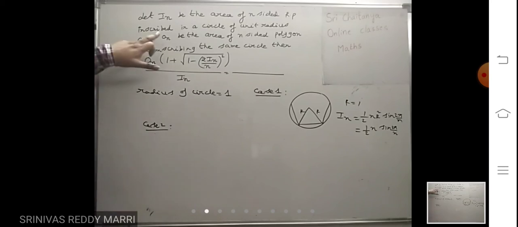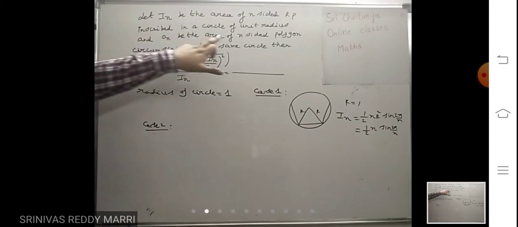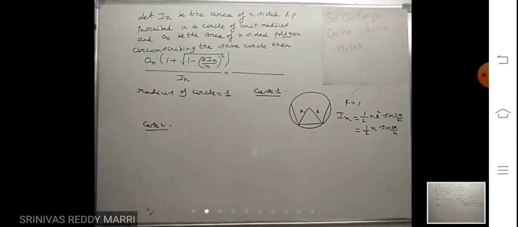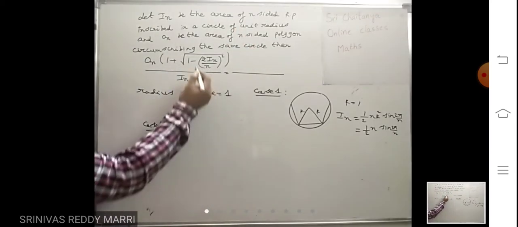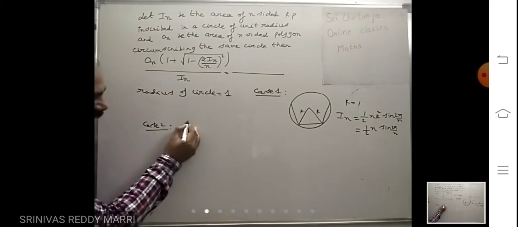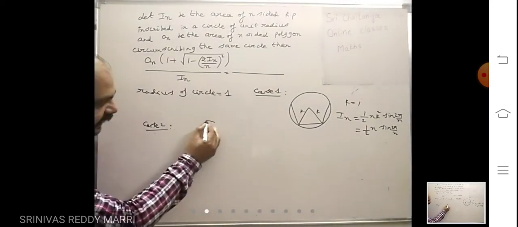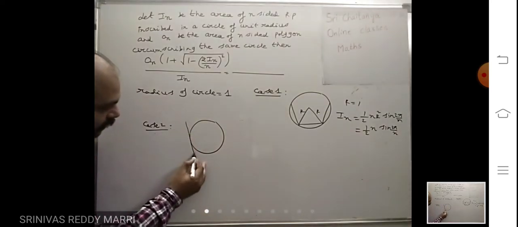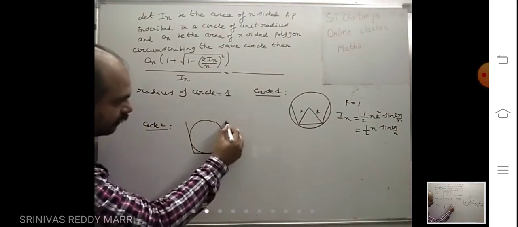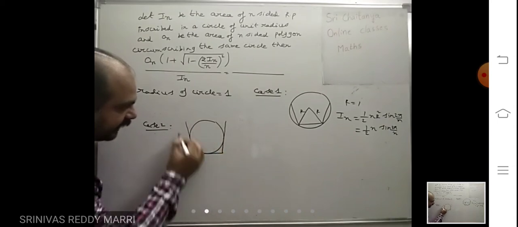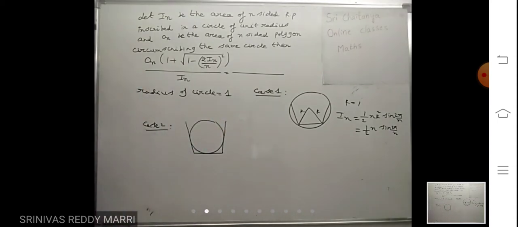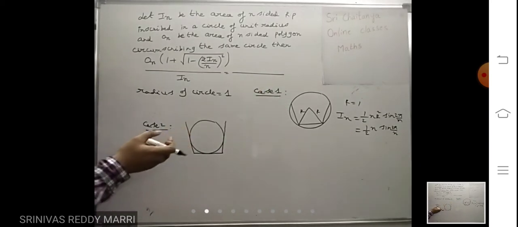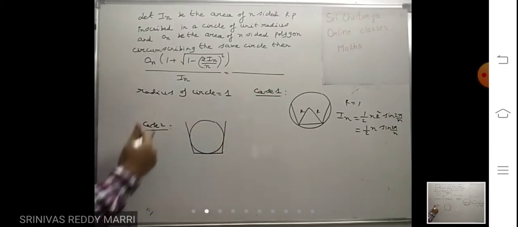He is telling that in the second case, ON is the area of n-sided polygon circumscribing the same circle. That means the polygon is circumscribing the circle, so in the second case the diagram will be like this. They are different polygons but with the same number of sides. This circle of unit radius is touching all the sides.